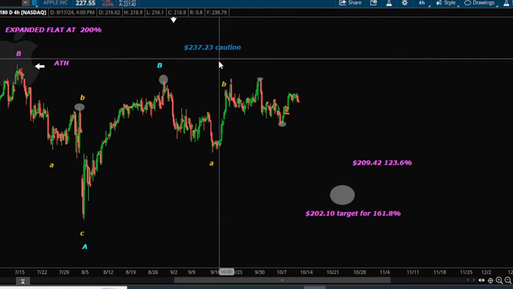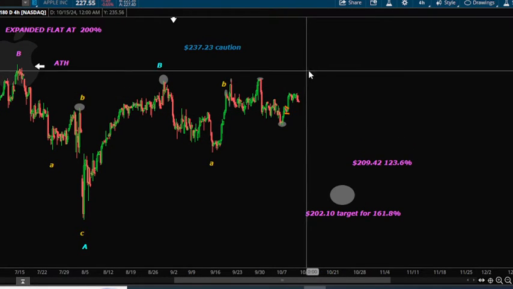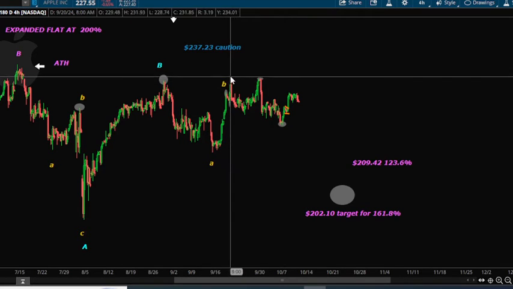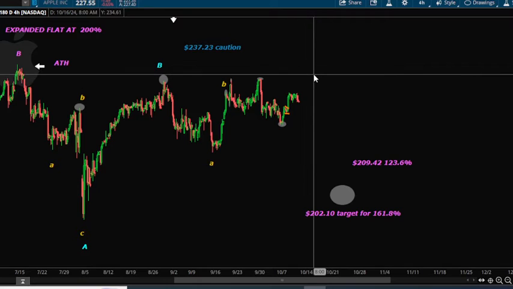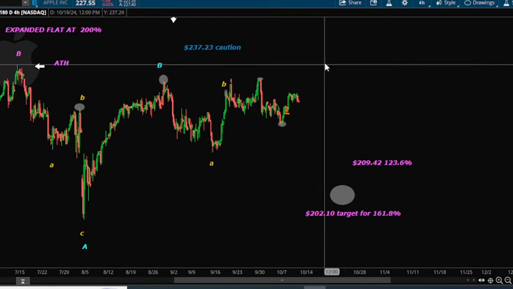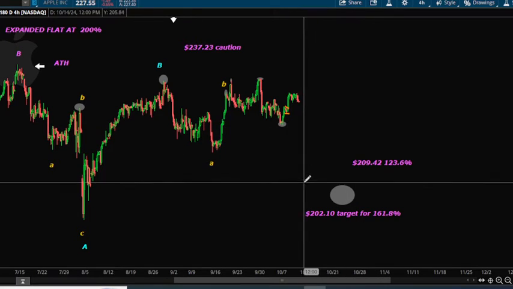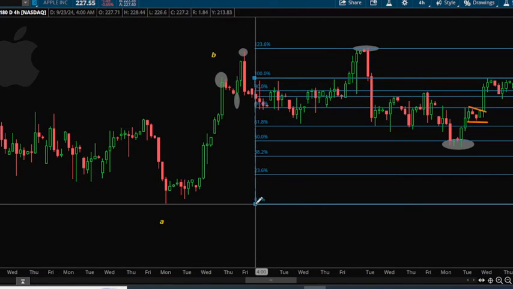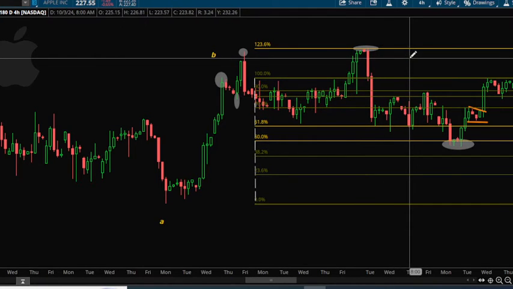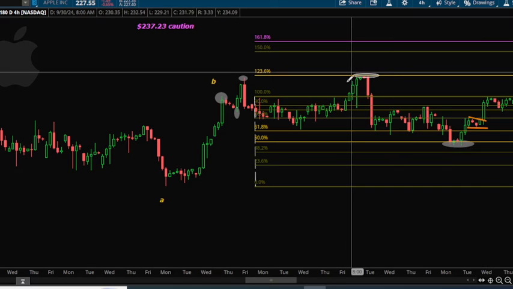So what I'm trying to say is, if price breaks again from here up past here, then this B wave needs to end up here somewhere. So we just need to keep that in mind. And if it does break that, I would say that well, it would have to go to the 161.8 because it already hit the 123.